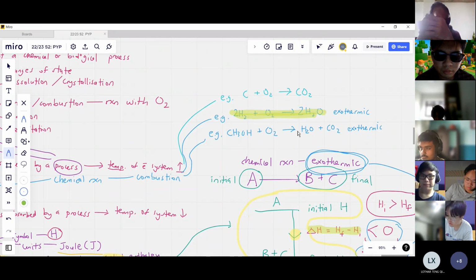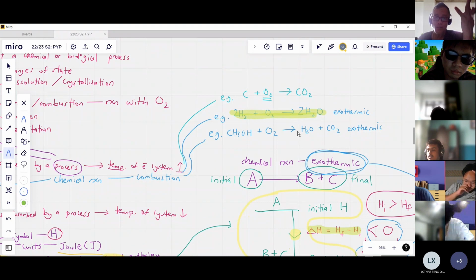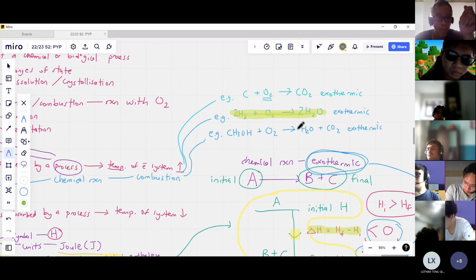Carbon is essentially coal or charcoal, and you burn it in air, meaning it reacts with oxygen, and you get CO2. This is a combustion too. And as I said, a combustion is always exothermic. Heat is given out. I think that's quite easy to visualize. You burn something, you can imagine heat coming up and you can feel the temperature increasing too. So think along that line.